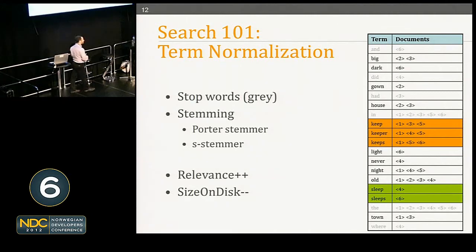Now, what's important to understand is that for some words we don't actually want to do that. Because sometimes when we normalize a bit too much, we are going to hurt our relevance. We are going to get irrelevant results. So we should really consider what analyzer or what technique we are going to use.